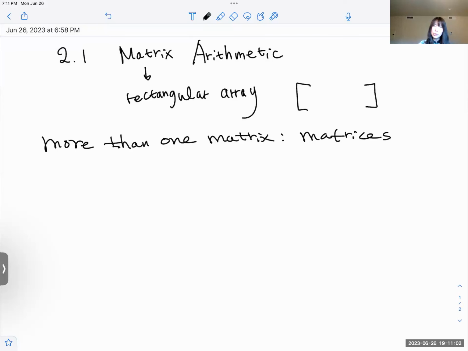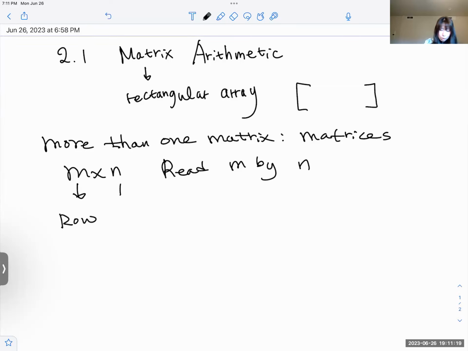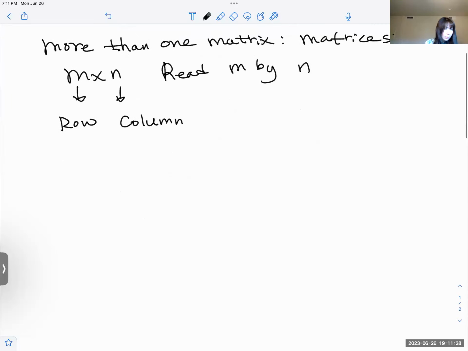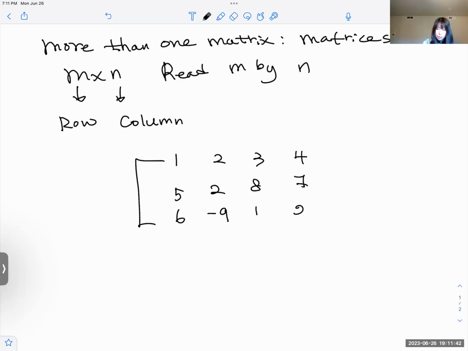Okay, and then we introduce the row and column, right? So we have m by n, where the first number tells us the row and the second tells us the column. Take this one: 1, 5, 6, 2, 2, -9, 3, 8, 1, 4, 7, 2.